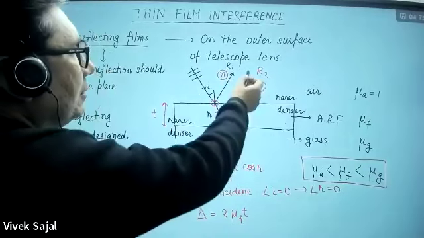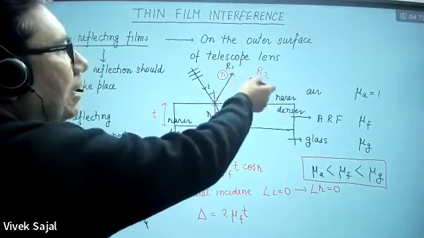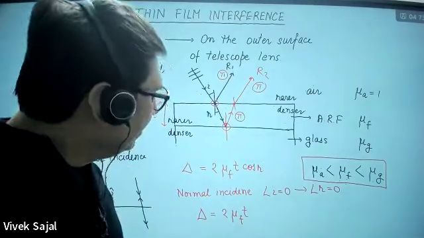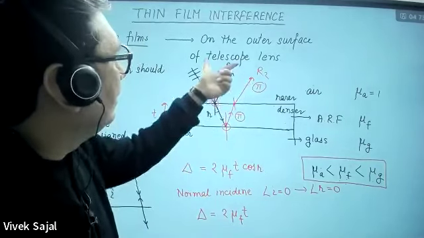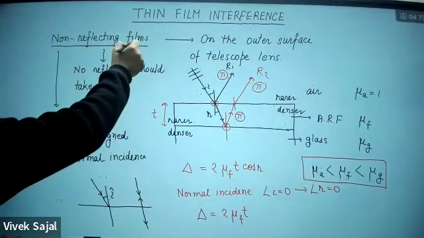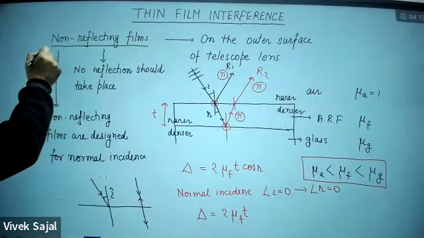Now what do you want here? You want no light to be reflected back. It is designed for a particular wavelength. Try to understand this non-reflecting film.